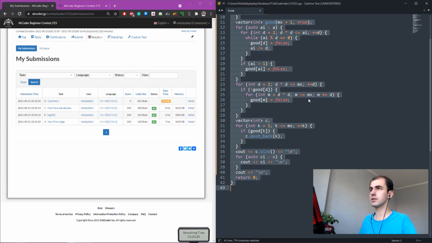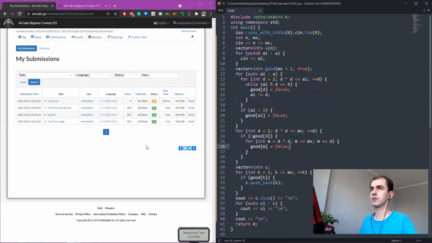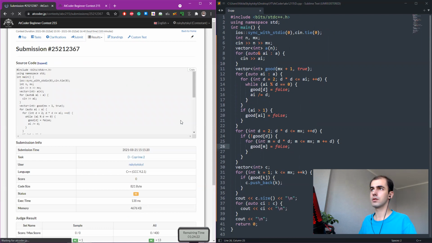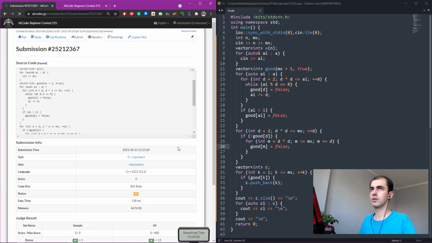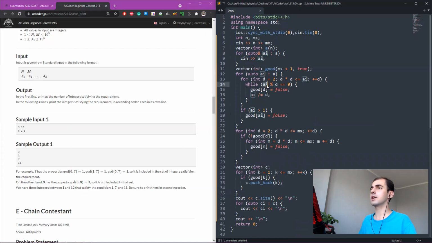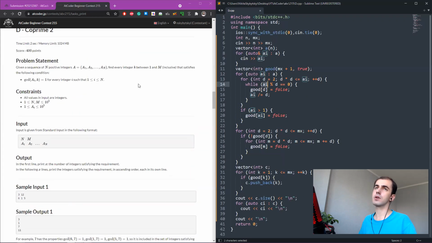Wait a second, how is that runtime error? Oh my goodness, AI can be greater than M. Okay, AI can be greater than M. Right.